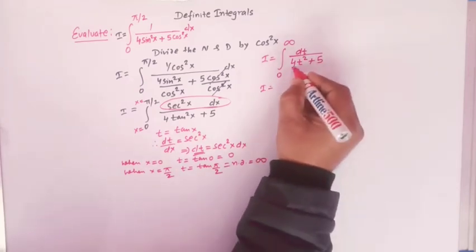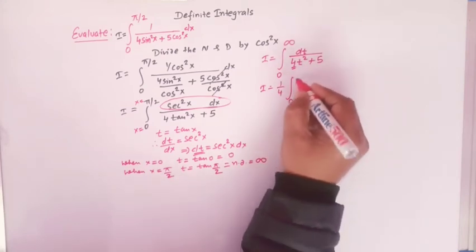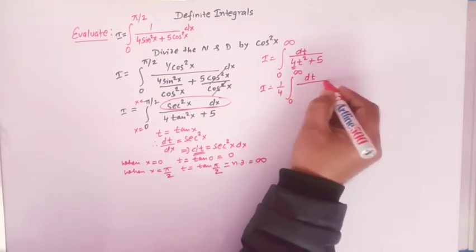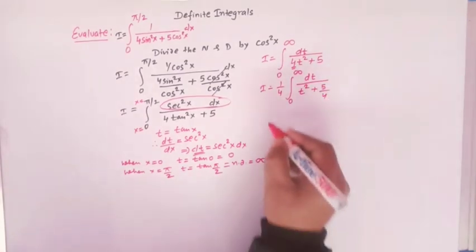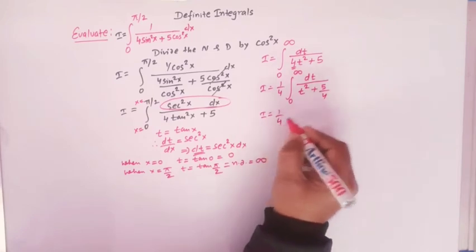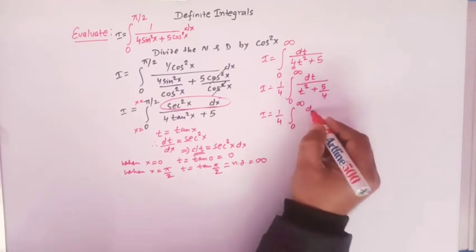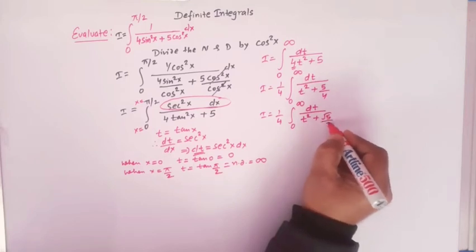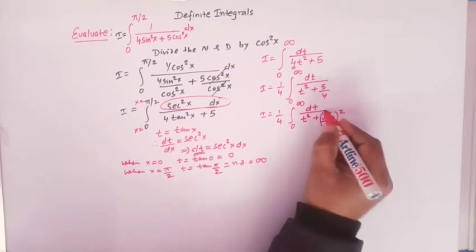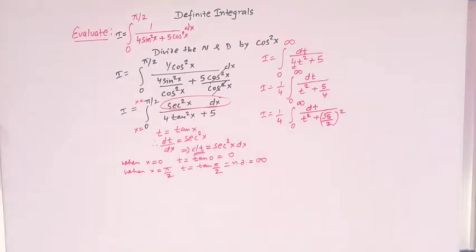Now we can take this 4 common, so we have 1 over 4 and dt over t square plus 5 over 4, right? Now we can express this denominator as dt over t square plus root 5 over 2 square, because root 5 square is 5 and 2 square is 4, right?